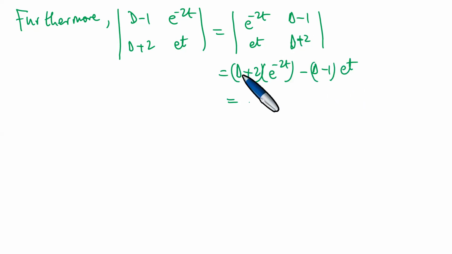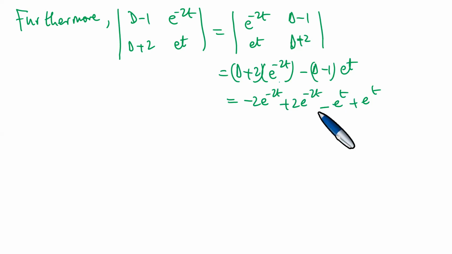Okay, allow this to distribute. Minus 2e to the minus 2t plus 2e to the minus 2t minus e to the t plus e to the t. The derivative of this e remains the same. Negative by negative is plus, so we have e to the t. But for e to the minus 2t, if you differentiate with respect to t, we're differentiating only minus 2t, because that is the property of the exponential function.